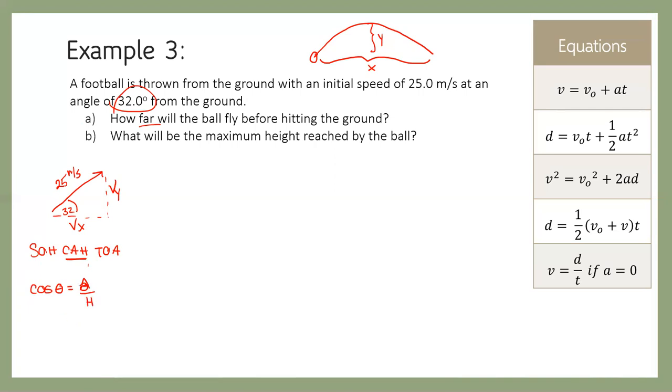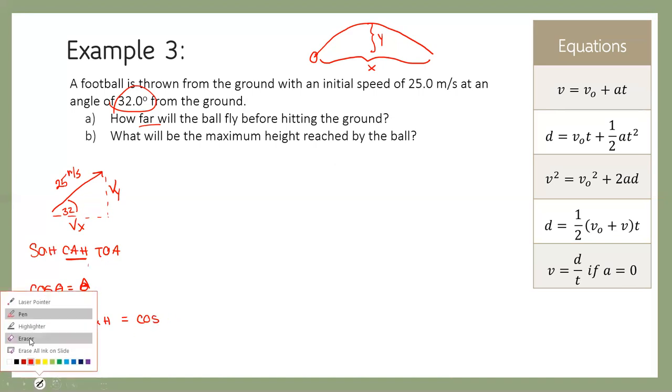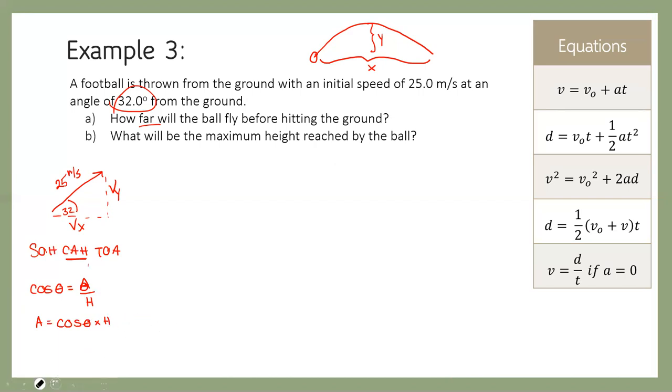So if I want to find the adjacent side, it is equal to the cosine of the angle times the hypotenuse. So velocity in the x direction is equal to the cosine of 32 times 25, our hypotenuse.